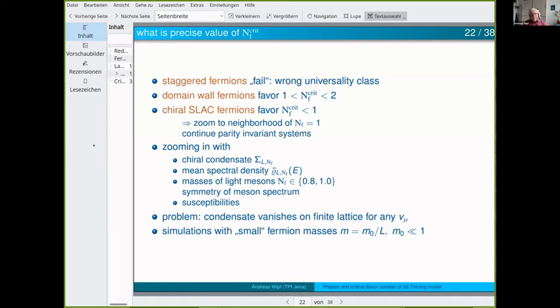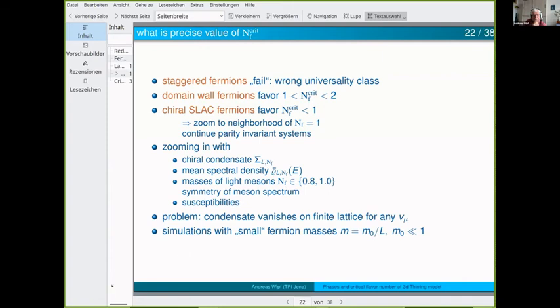But I should tell you that we took the parity invariant continuation to a fractional number of fermions. We looked at different observables: chiral condensates, the mean spectral density, the masses of the light mesons, the Goldstone spectrum, and susceptibility. The same was actually done by Sun before us in the domain wall model.